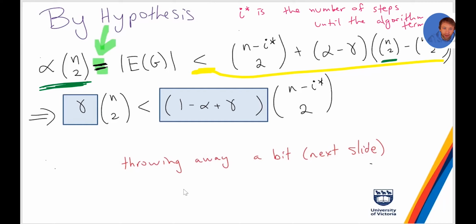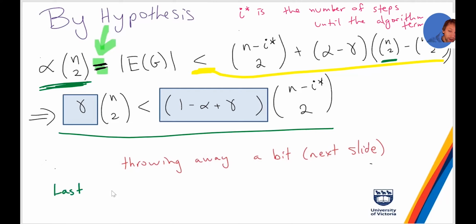I just take alpha n choose 2 less than the stuff on the right side. You've got stuff with n choose 2s, and you've got stuff that has n minus I star choose 2s. And you can collect this up, right? And you end up with this because, when I bring this over, you just have a gamma. When I put this stuff together, you have 1 minus alpha plus gamma in front of this. Again, this isn't very enlightening.